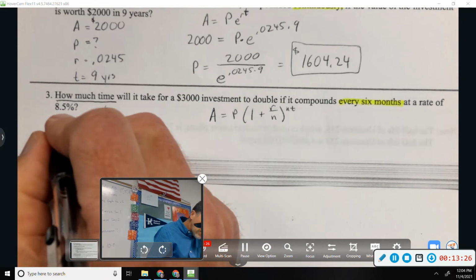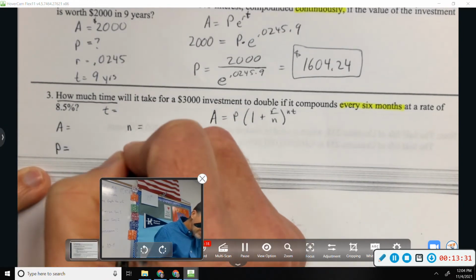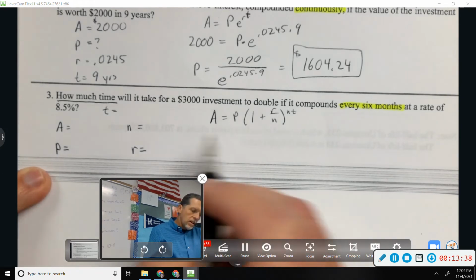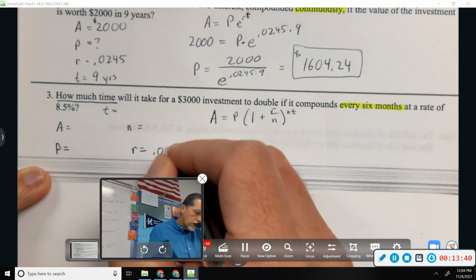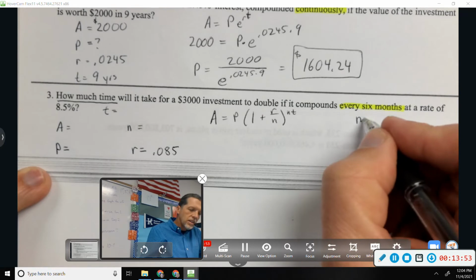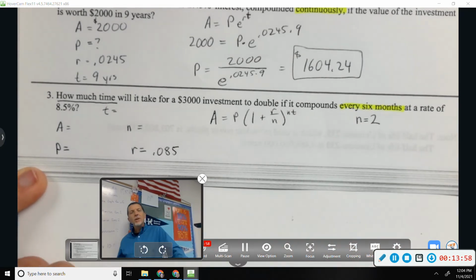That means I better know A and P and N and R. R equals 0.085. What does N equal? N is how many times per year we compound. It's 2. So it's not 6. It's trying to throw you off by putting the 6 in there, but if we compound every 6 months, N equals 2.